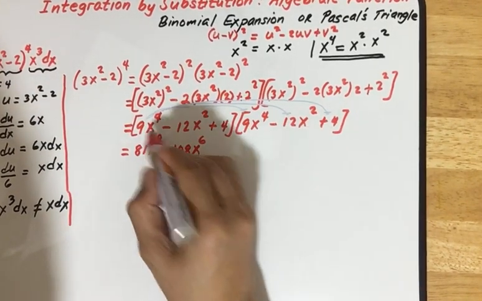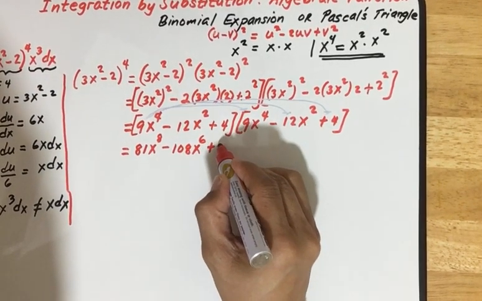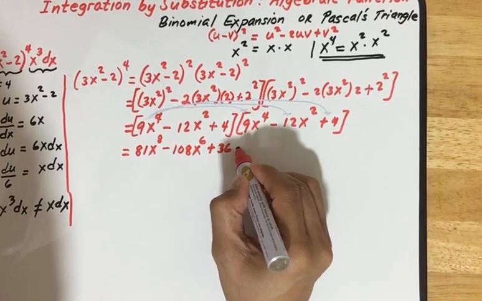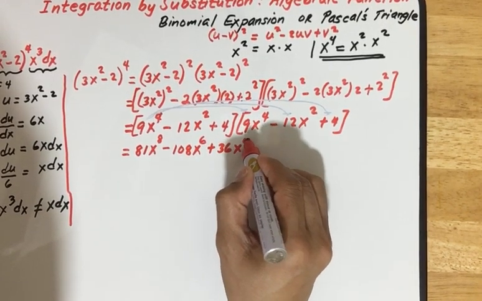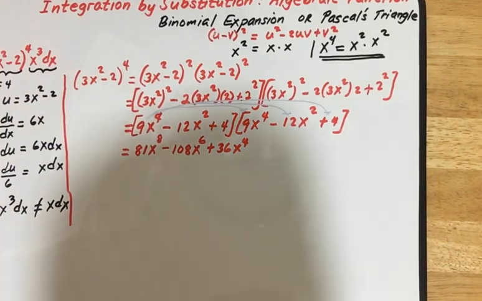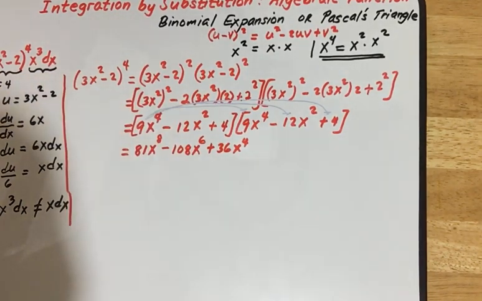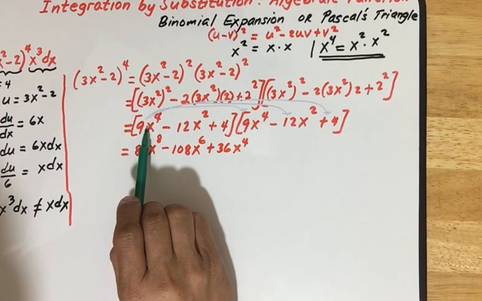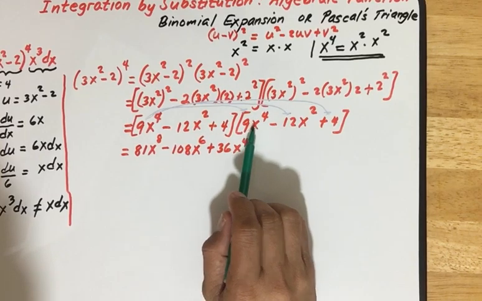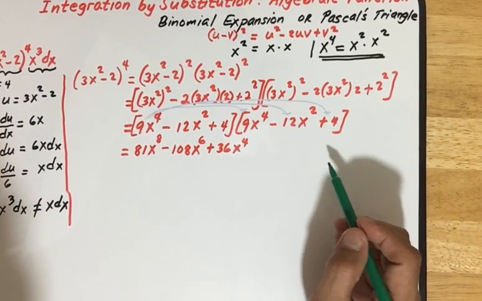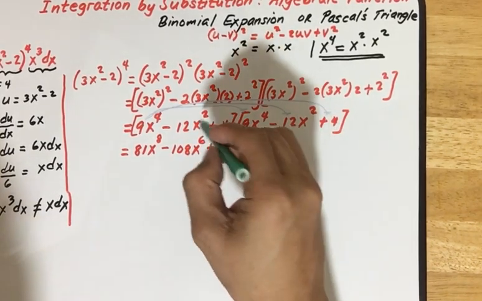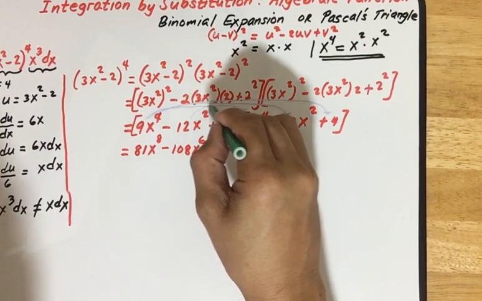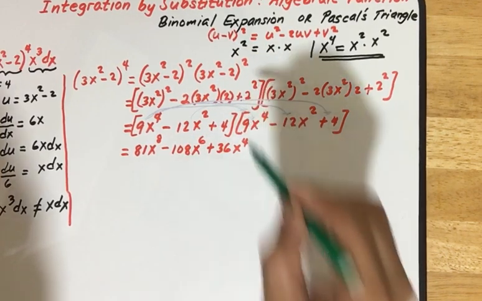And this is plus, so that would be plus 36 x to the fourth power. Okay, then next, what we have done, first term, you multiplied it with each term of the second quantity. Then next, you have to multiply the second term with each term of the second quantity.